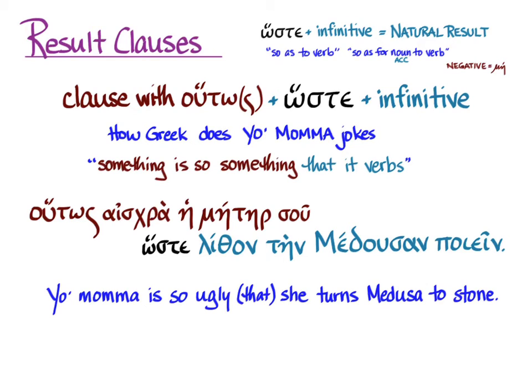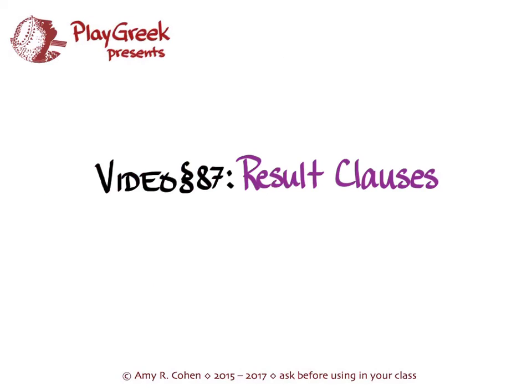That she turns Medusa to stone. It's not a great joke, but it mostly uses vocabulary that you know, and it shows you how Greek natural result clauses can be used to do yo mama jokes, and also really how a natural result clause works. So I hope that you have enjoyed this little introduction to result clauses and that you have fun coming up with your own Greek yo mama jokes.